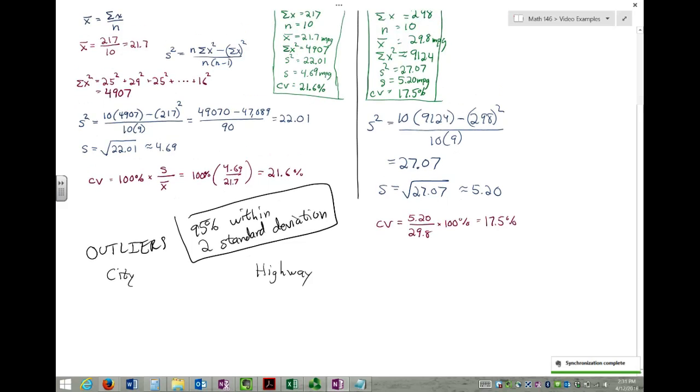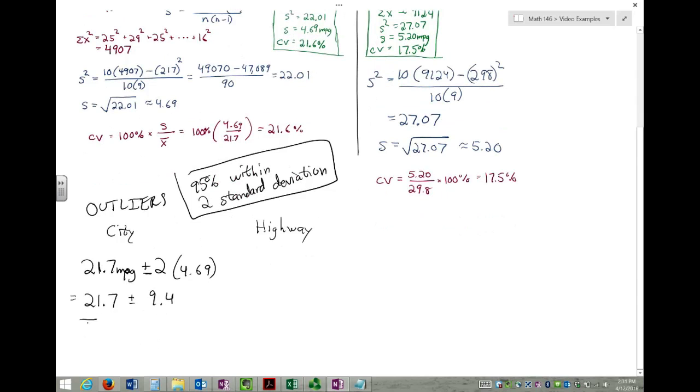So for the city, it's going to be 21.7 miles per gallon plus or minus 2 times the standard deviation of 4.69. That'll be 9.38. I'll round it to 9.4. And so we have our interval: 21.7 minus 9.4 to 21.7 plus 9.4.